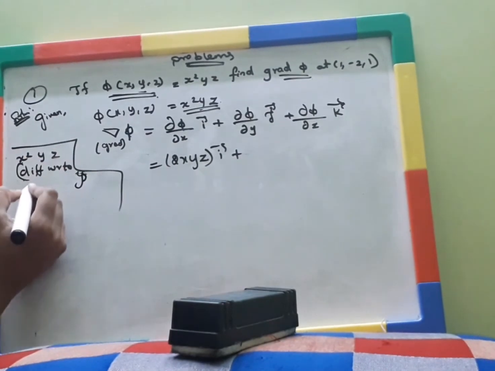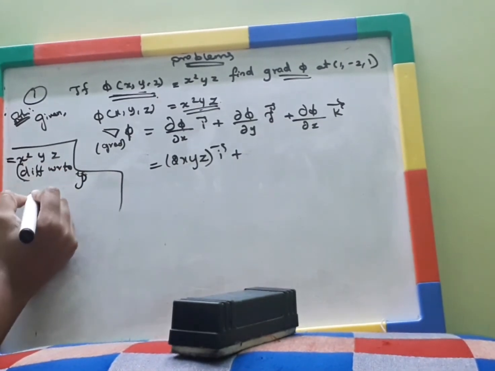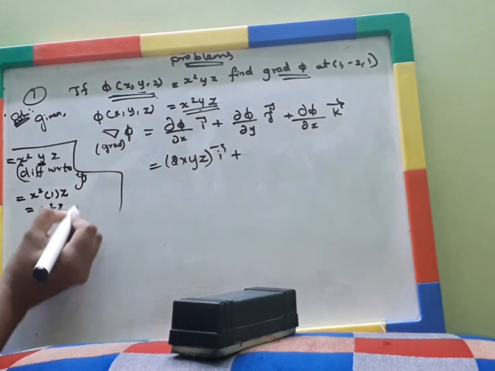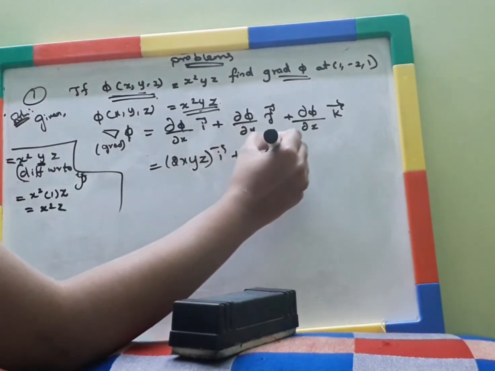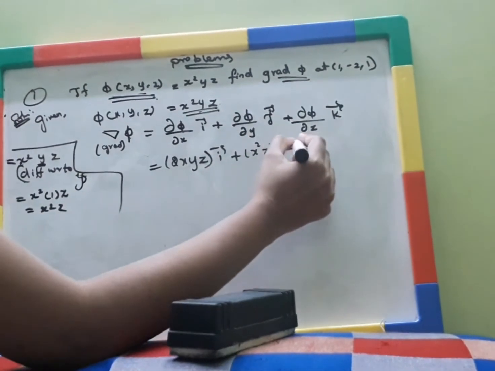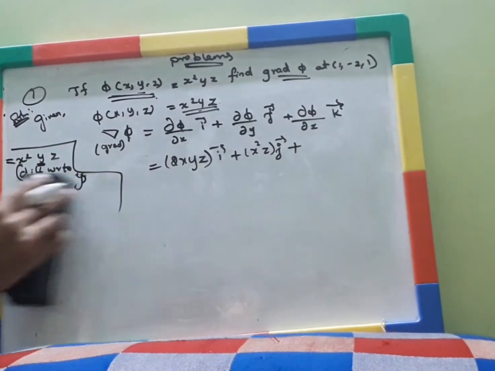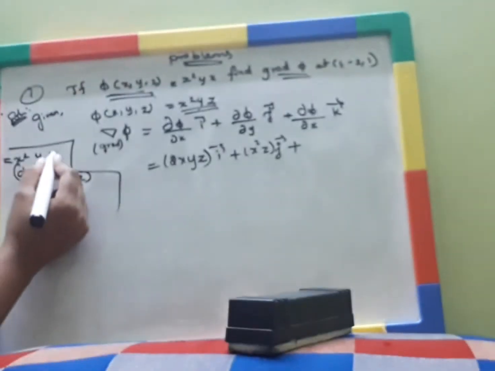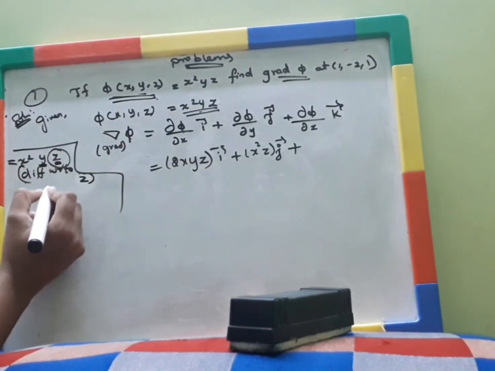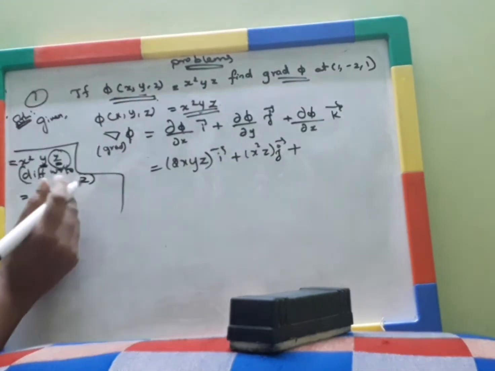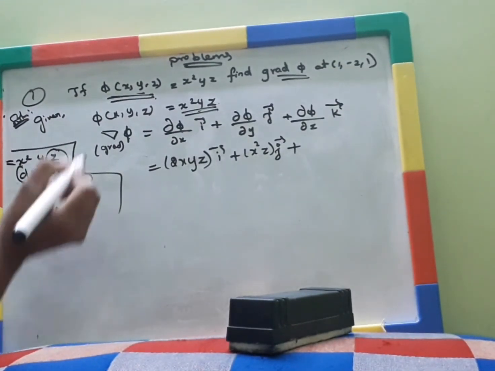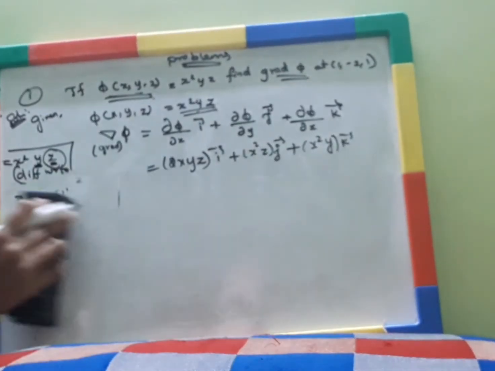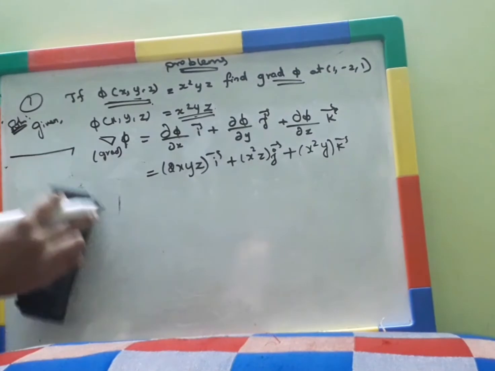X square remains the same, the y term becomes 1, and the z term remains the same, so the equation is x square z, giving x square z j vector. Then differentiating the same function with respect to z, the z term alone becomes 1, so we get x square y, giving x square y k vector.